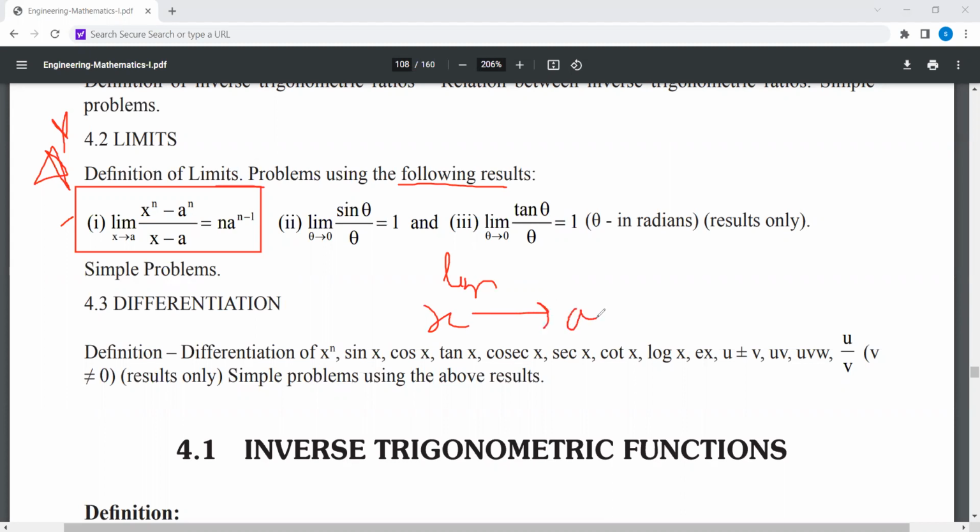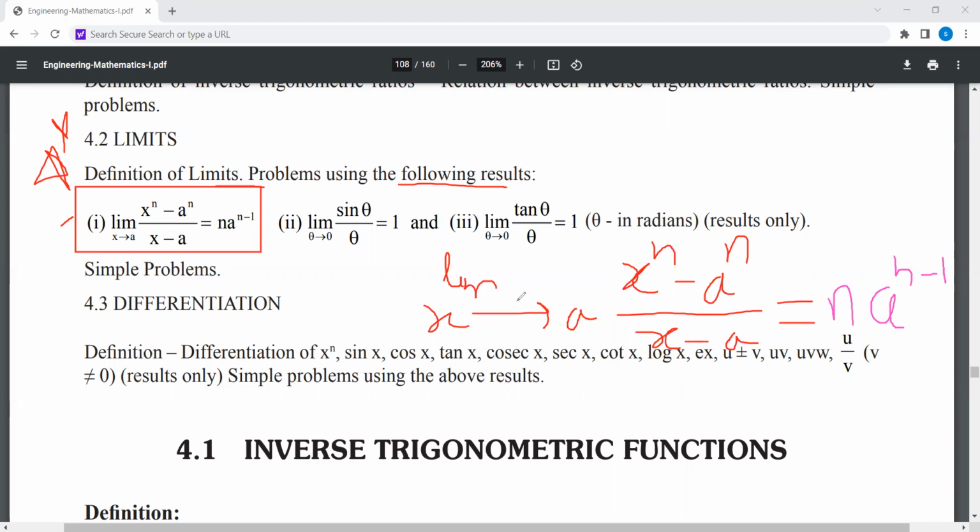The formula is limit x tends to a, x raised to n minus a raised to n, the whole thing divided by x minus a. The answer is n into a raised to n minus 1. Here n is a constant number, and the power of a is decreased by 1.